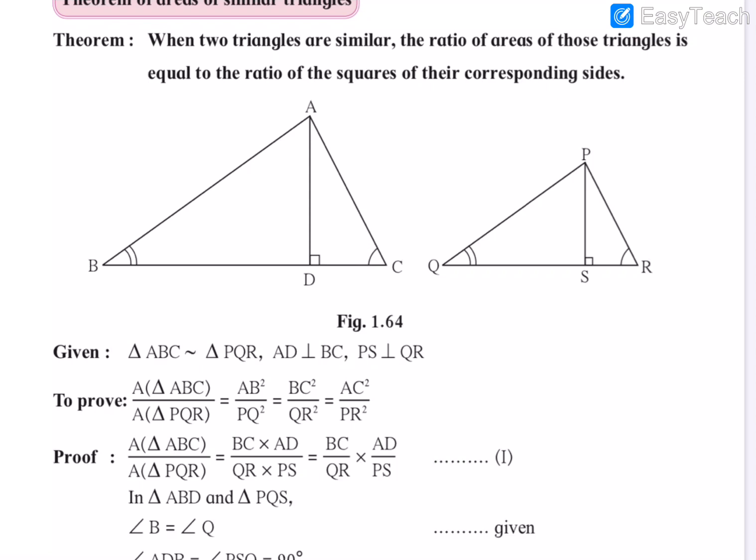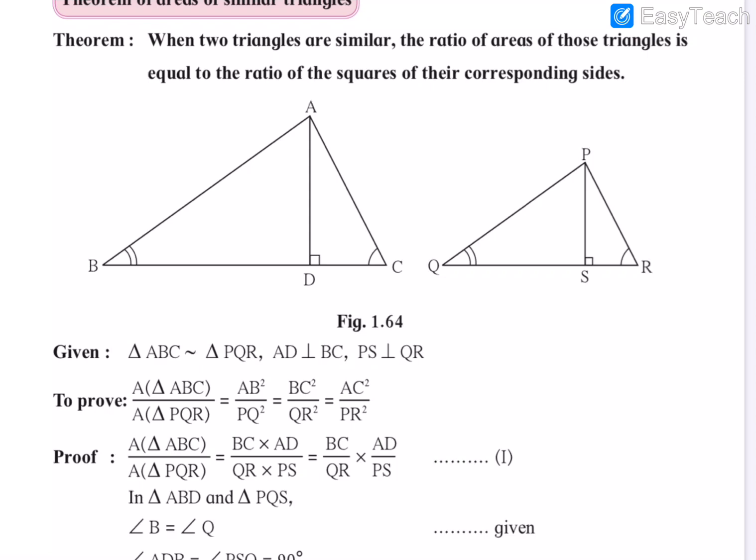Half into base into height is the formula to find the area of a triangle. So here the base is BC and the height is AD, and the half will cancel since half is common in both triangles. In the second triangle also the area is found by half into base into height, so that half will be cancelled and is not written here.